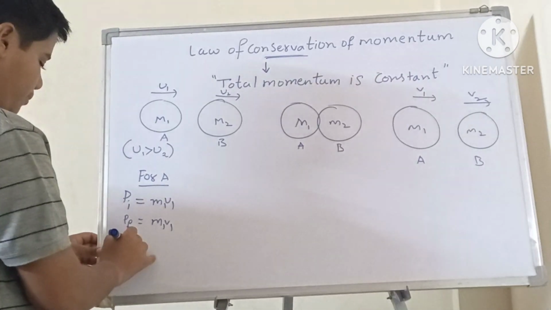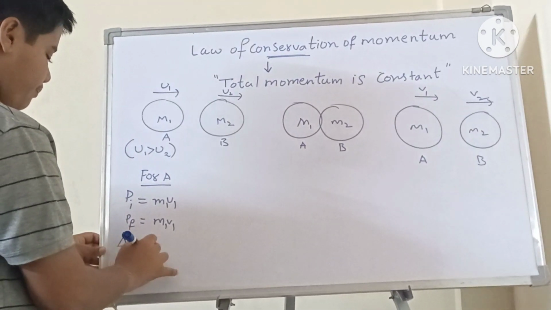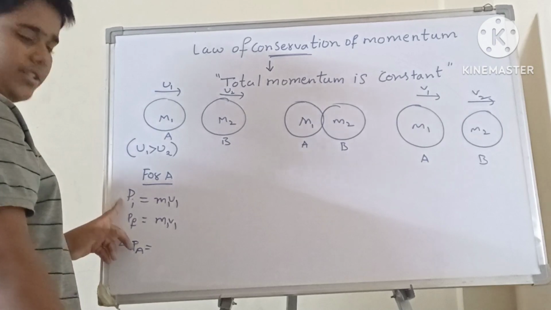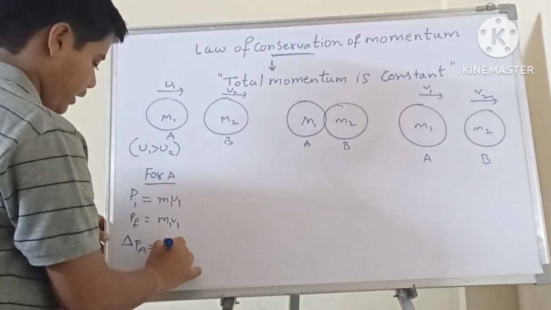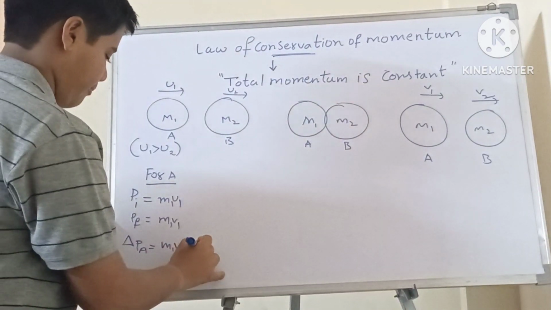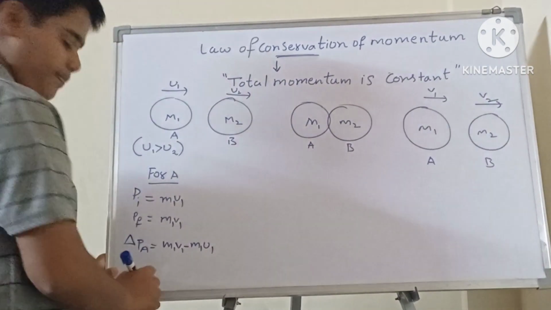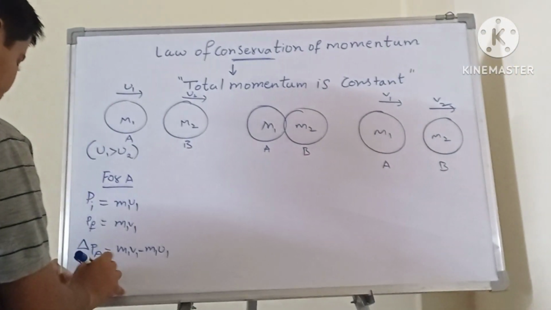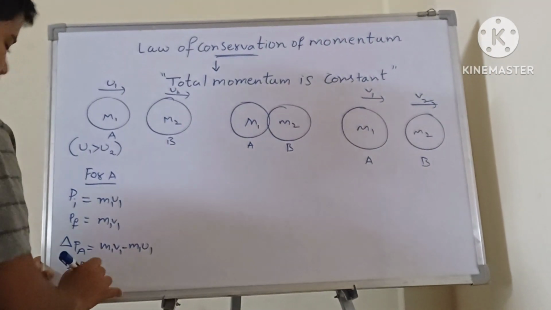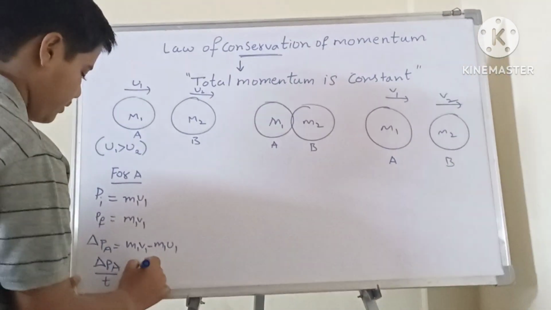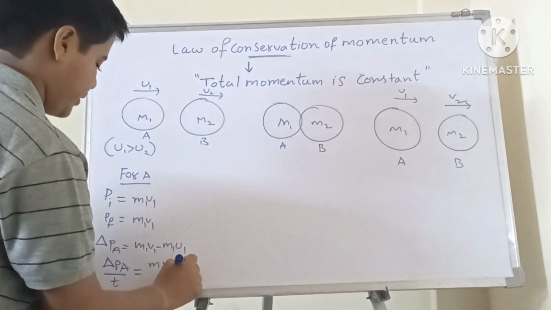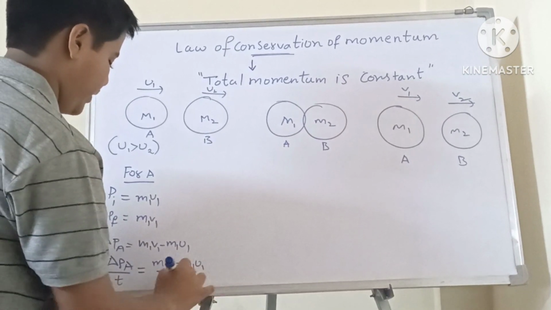So here change in momentum will be final momentum minus initial momentum. So M1 V1 minus M1 U1. If we divide it by T, I am dividing with T time, so this is M1 V1 minus M1 U1 by time.